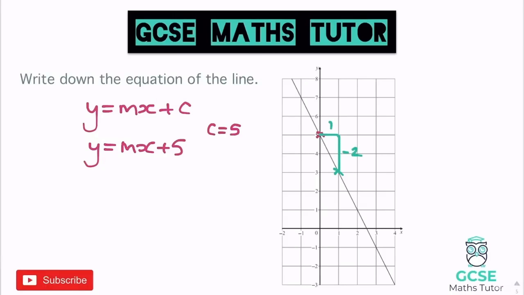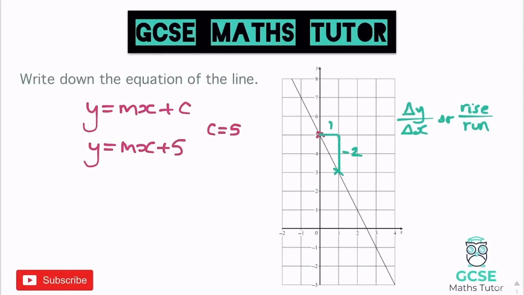Now the equation to get the gradient, there are 2 different ways that you can look at it. It means the change in y coordinate over the change in x coordinate, and it's sometimes referred to as rise over run. You might know one of these two, but change in y over change in x, or rise over run.